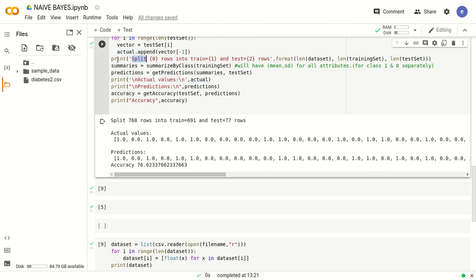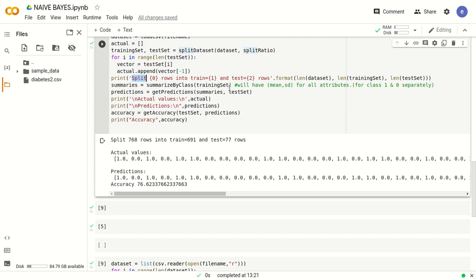This print statement is just giving the information that we are splitting the rows, total 768 rows: the length of data set, length of training set, and length of test set, which will be 768, 691 and 77 respectively. And summaries is created just to store the return value of summarized by class. What this summarized by class will return is already understood.